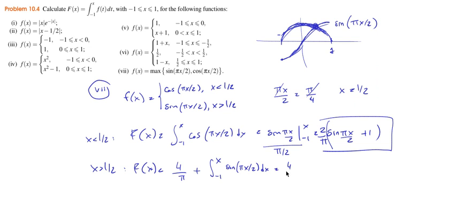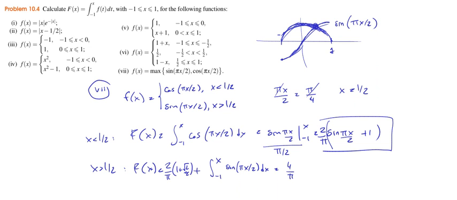Sorry, yeah, no, I made a mistake. So this evaluated at 1/2 is the sine of pi over 4, which is the square root of 2 over 2, right? So this is 2 over pi that multiplies 1 plus the square root of 2 over 2. Okay, sorry about that. And now we have that.